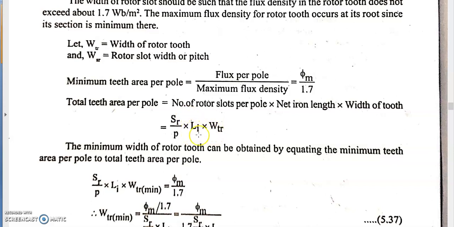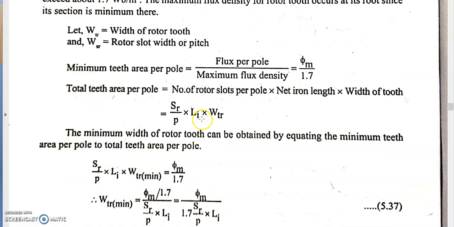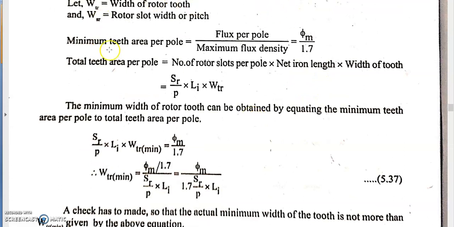So by substituting these two values, the width of the rotor tooth is what we are going to calculate from this equation. That is the minimum width, because we are verifying it with the maximum flux density condition, that is minimum teeth area per pole, Φm by 1.7.